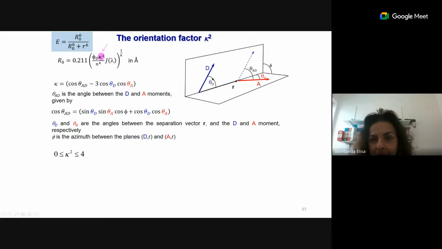So the theta D and theta A are the angles defined between this dipole and the distance vector between the two chromophores. And instead, the theta AD is the angle between the planes containing the dipoles.